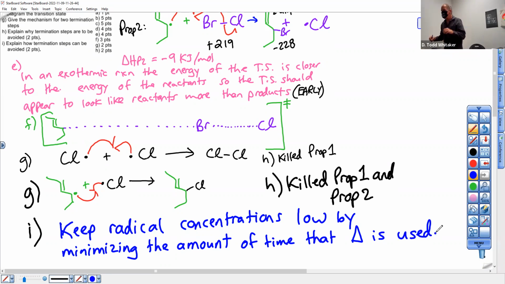It's literally turn the oven on only for a short amount of time, or turn the light on only for a certain amount of time, depending on if this reaction requires light or heat. In this one I knew it was heat because at the top of the page it said delta. That's heat, which is just one form of H nu. It's called infrared if you're curious. So that's your guaranteed 2 points there.